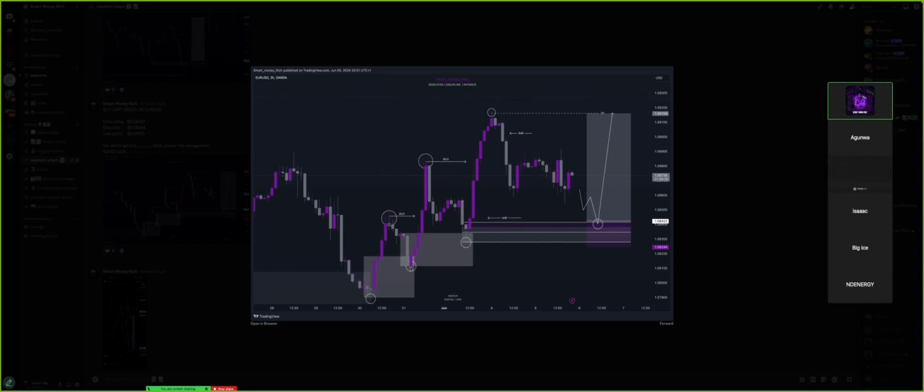We have a higher low followed by a higher high. This higher low broke past the previous high. That is called a break of what? Structure. This new low broke above this previous high. This is also known as a break of what? Structure, not a change of character, because the market is already in an uptrend.